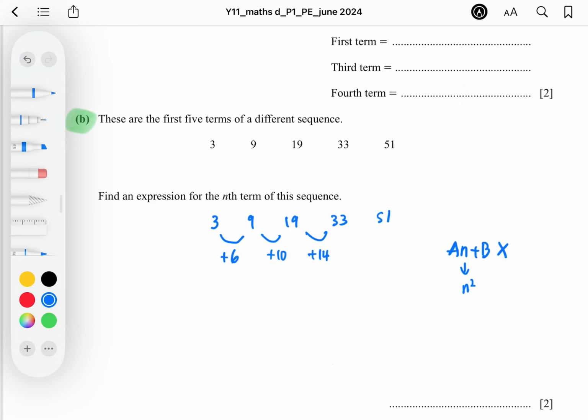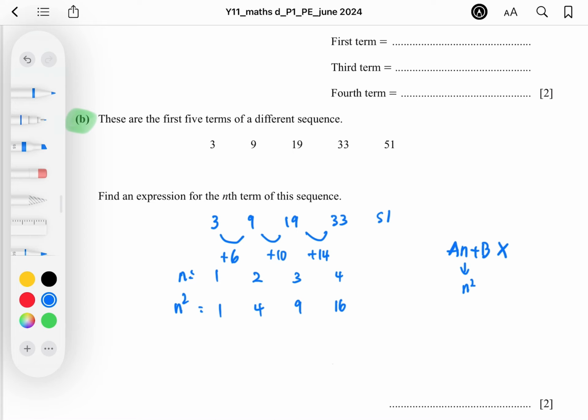So your n here initially is first term, second term, third term, fourth term. So n squared, that means this is 1 squared, which is 1, 2 squared is 4, 3 squared is 9, 4 squared is 16.